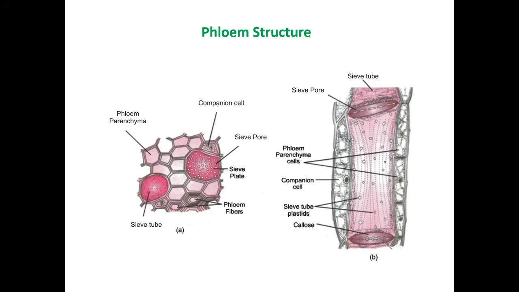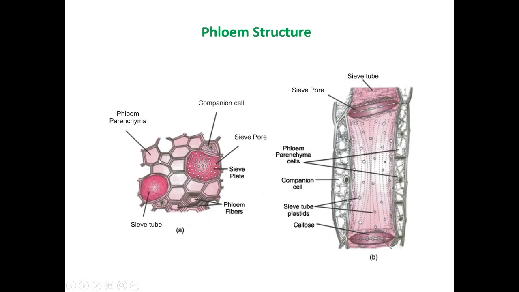And the third one is phloem parenchyma. They are with thin walls and their function is storage and lateral transport. See, these are phloem parenchyma. Lateral transport means, from the leaves these organic solutes have to enter the sieve cells.